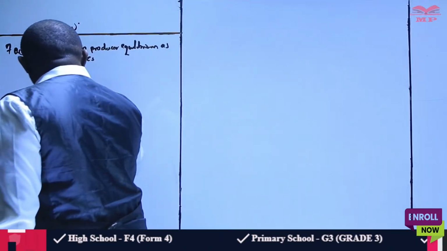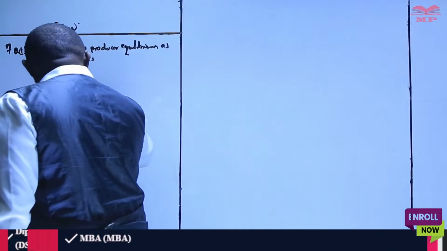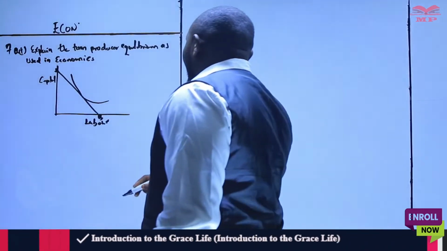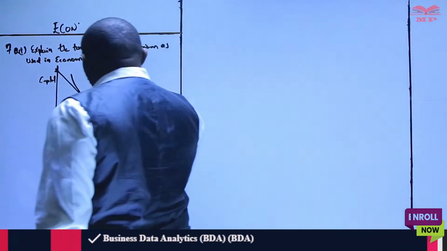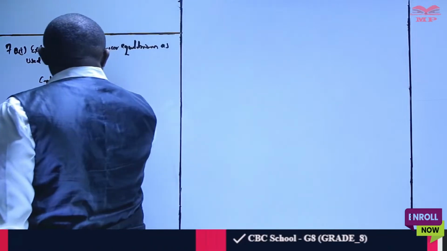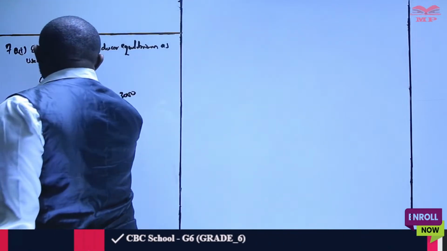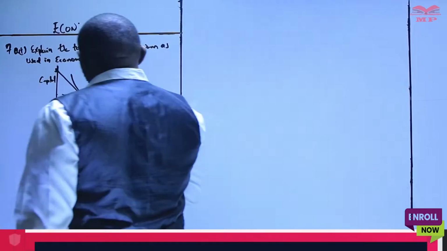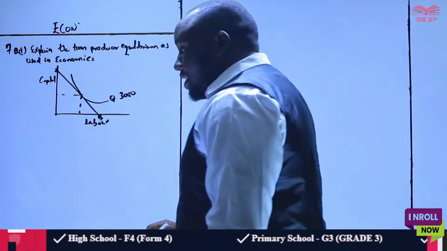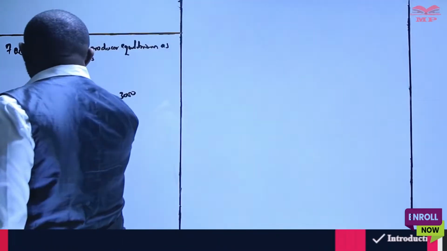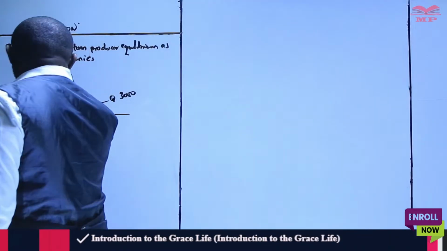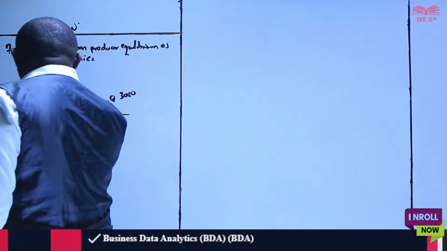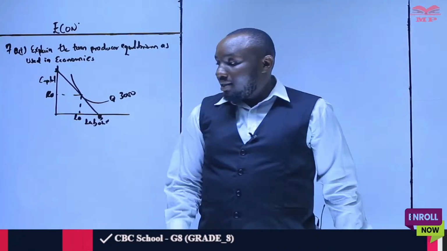Then we draw an isoquant, Q, say Q is 3,000. The point where the isocost line forms a tangent with the isoquant is where we get the producer equilibrium. So we have the equilibrium quantity of capital, KE, and the equilibrium quantity of labor, LE.